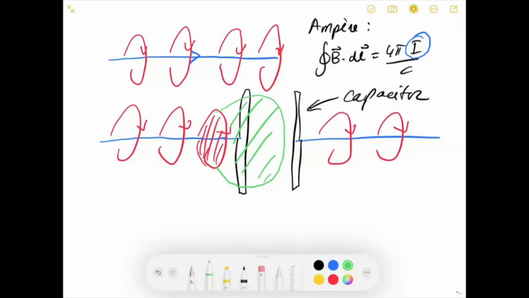And of course, the answer is, well, this is a capacitor, this is not a wire. So why were you even assuming that things would be the same? So we have to think a little bit about what's happening when we have a current that goes into a capacitor. So when we have a current that flows in this direction, we always assume that that is modeled by positive charges, right?